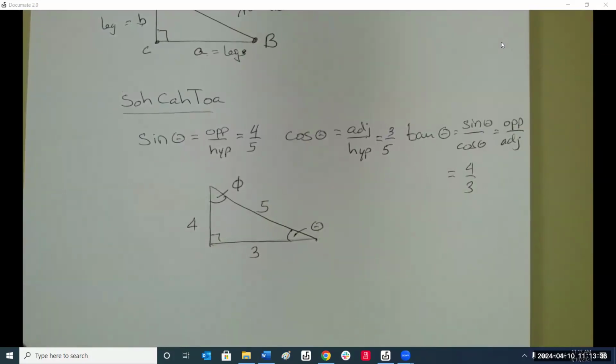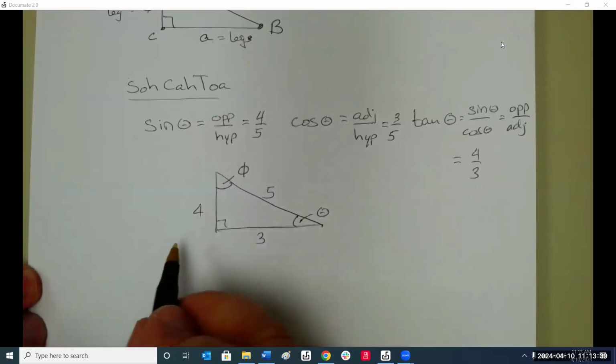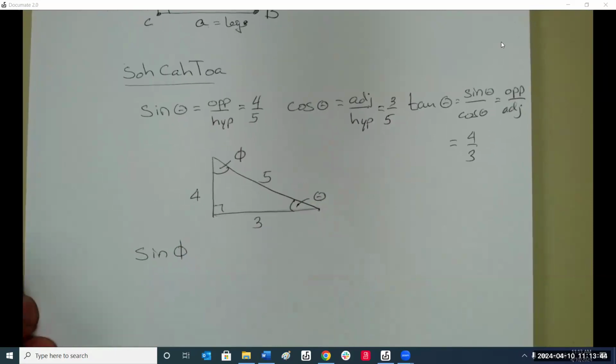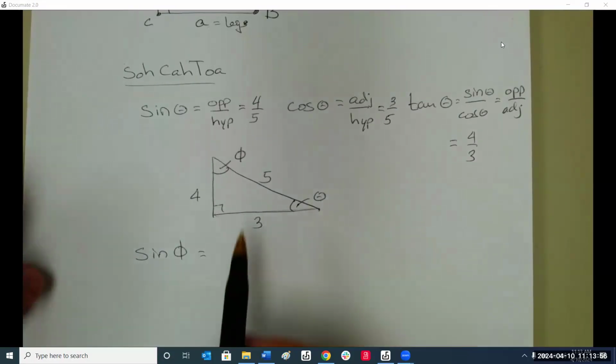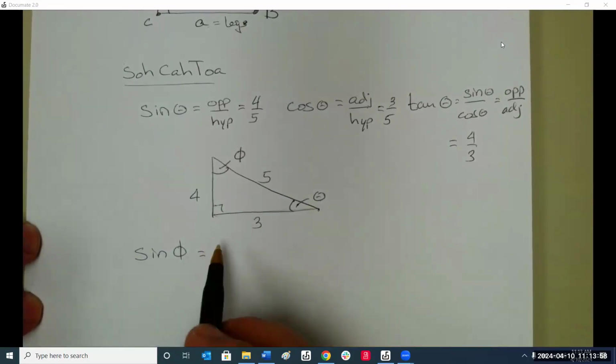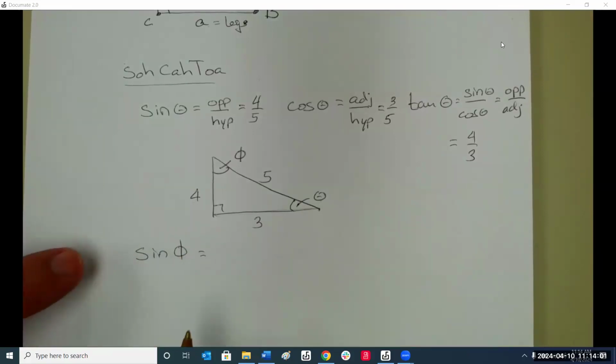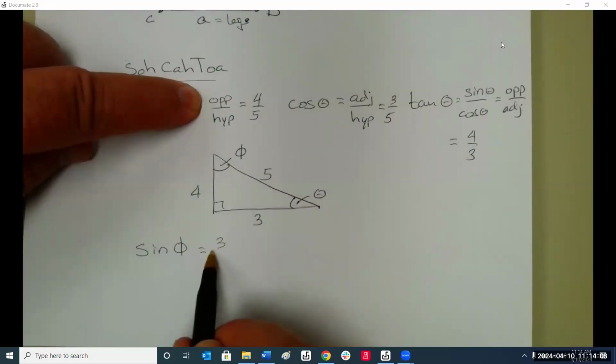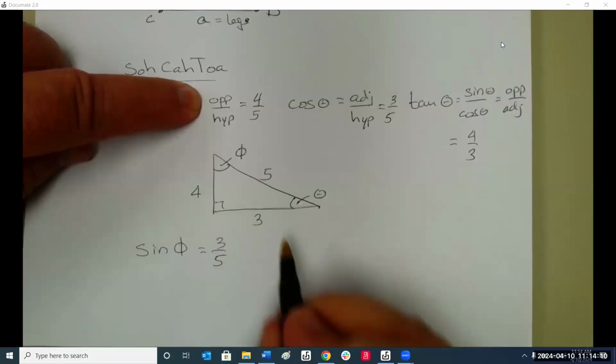So it's all relative to what angle you're looking at, because sine of phi now changes. SOHCAHTOA doesn't change, but what's adjacent and what's opposite changes. So what's my sine of phi going to be? Yeah, it's the opposite, which is 3, and the hypotenuse is still 5.